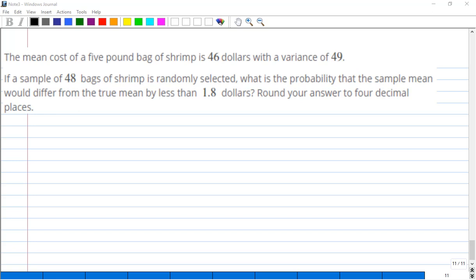Okay. So we have the mean cost of the shrimp, that's mu, that's 46. We have the variance. We all know we need the standard deviation. That's 7. If a sample of 48 bags is randomly selected, what is the probability that the sample mean would differ from the true mean by less than $1.8?